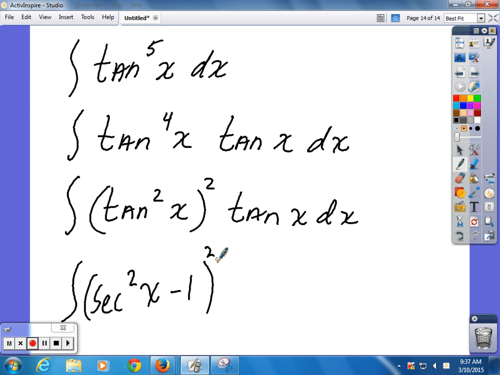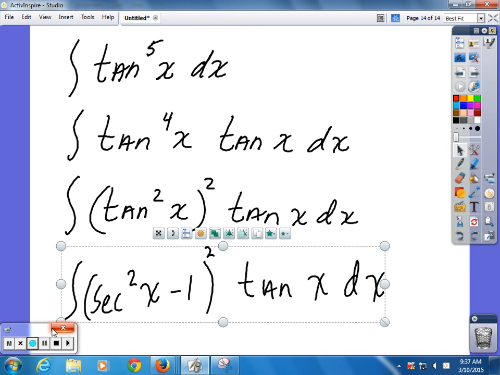A minus b quantity squared times the tangent x dx.